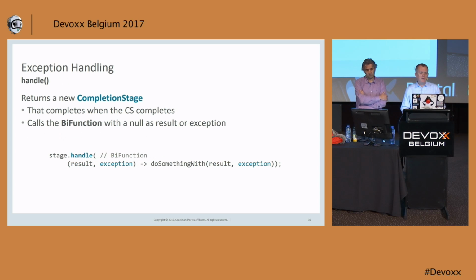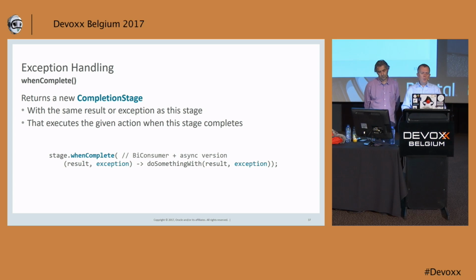There are, in fact, other methods. There is the handle method that will take both the result and the exception as a BiFunction, and that can do the same kind of thing, taking some kind of decision on what to do with that exception. The difference is that this time this BiFunction will always be called with the result, and with null if there is no exception. It was not the case in the previous example. And we also have a whenComplete method that also takes, this time, a BiConsumer, and there are asynchronous versions of it.